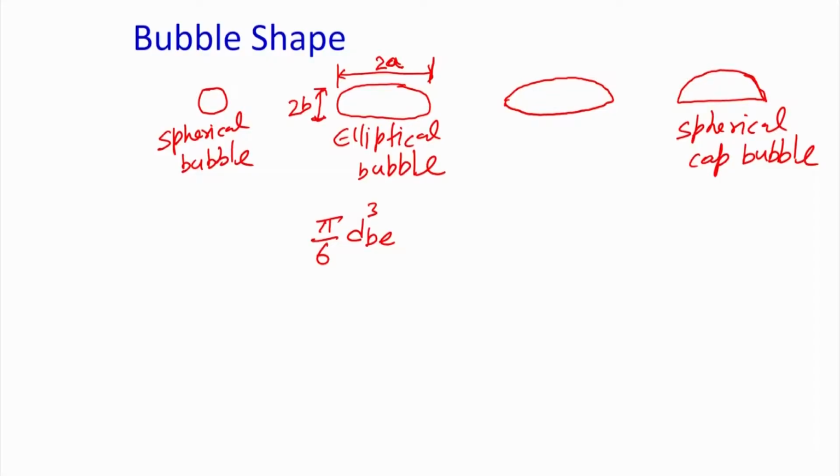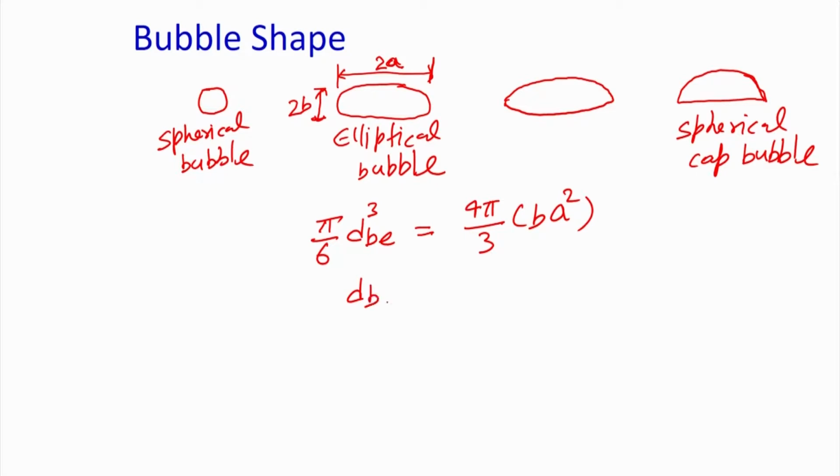So I will write dBE, and that will be equal to the volume of this ellipse. This volume will be pi by 4 by 3 times B into A square. So that is the volume of the ellipse, and that is equivalent to this volume. So you can find out what dBE will be.